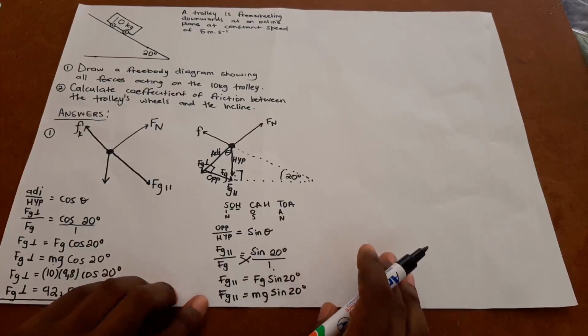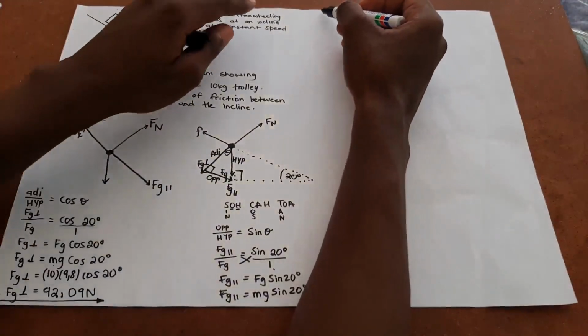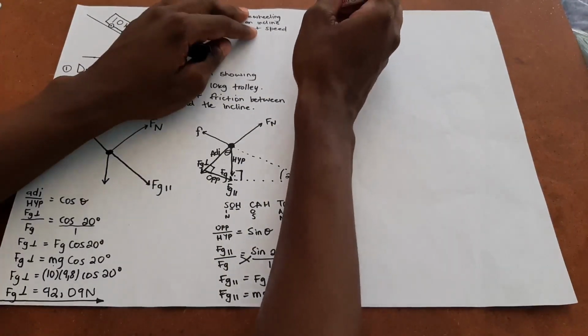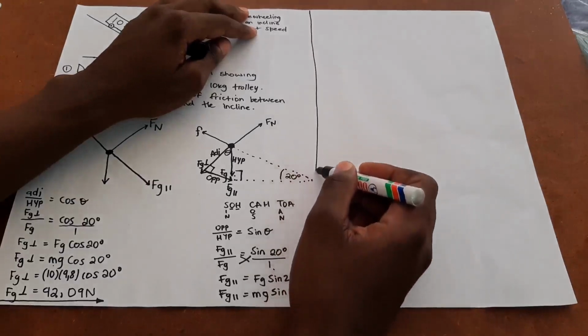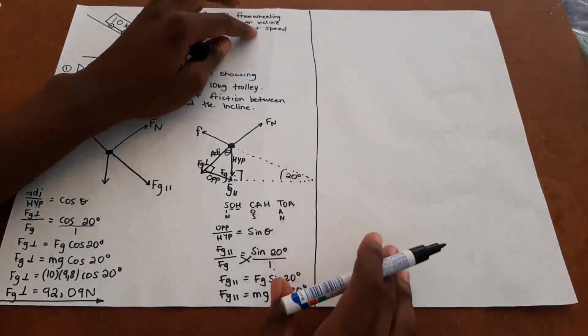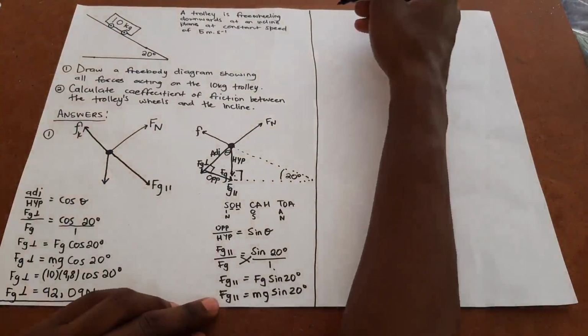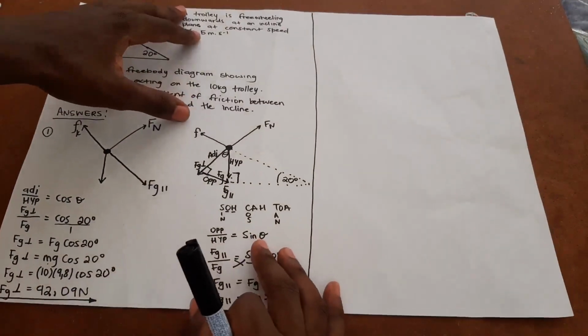So we're moving, let me draw a line here. So FG parallel is equal to mg sine theta. I hope you can see up there. Yes, everyone can see.